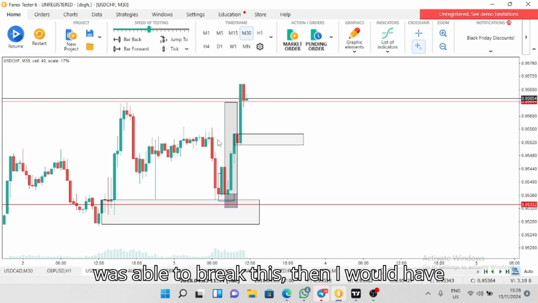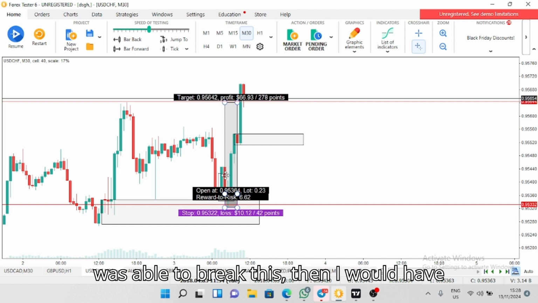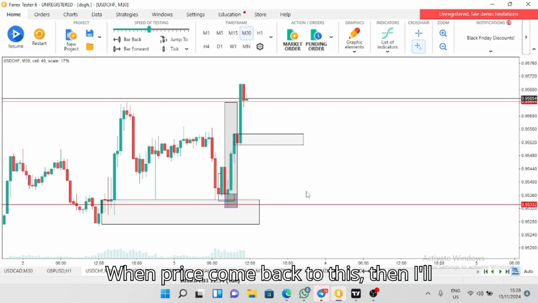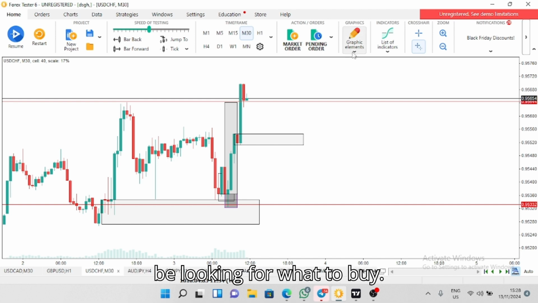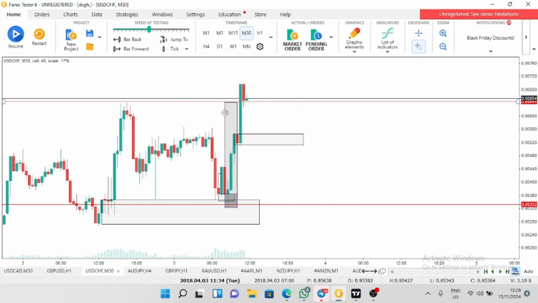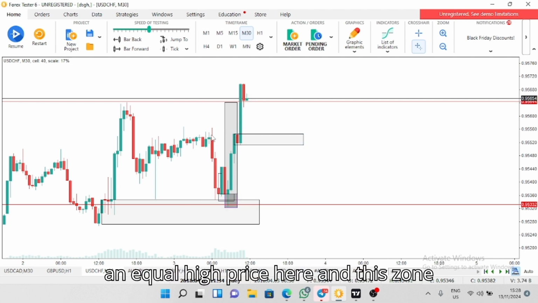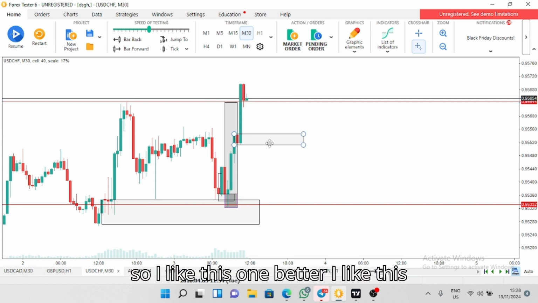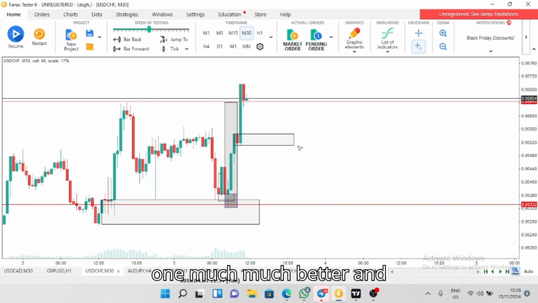Assuming this zone was able to break this, then I would have taken this demand zone over this. When price comes back to this, I'll be looking for buys. But it was only able to form an equal high right here, and this zone pushed it to break this and this. So I like this one much better.